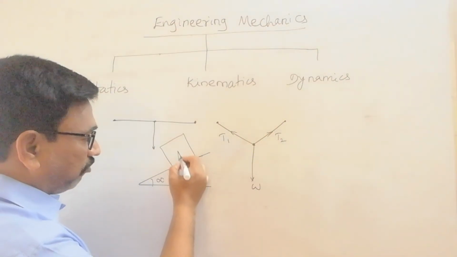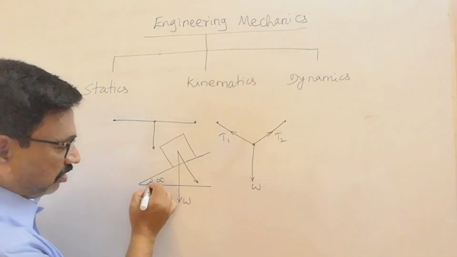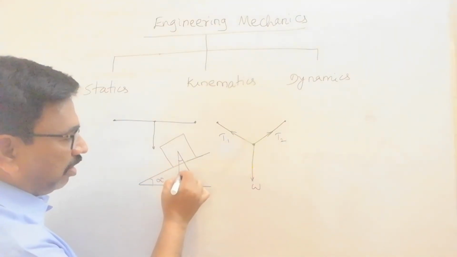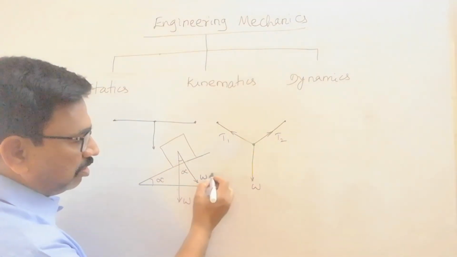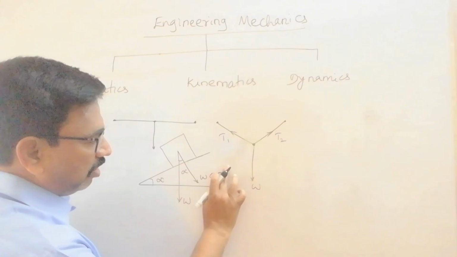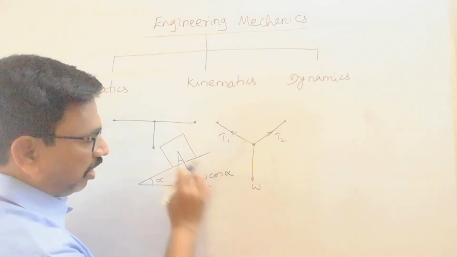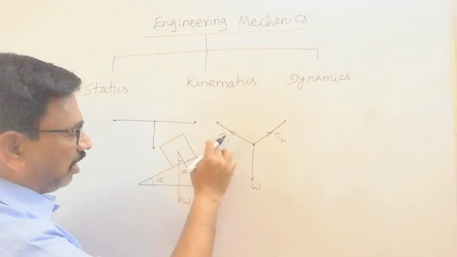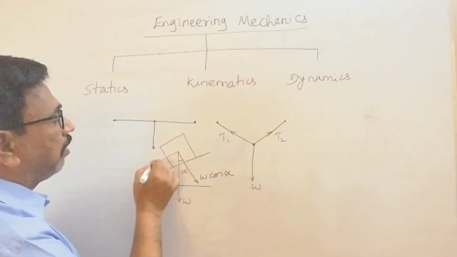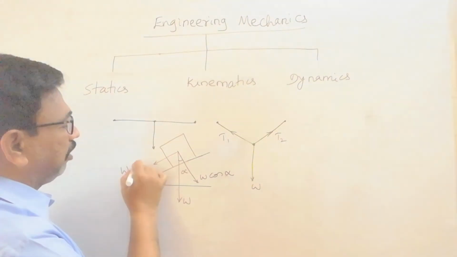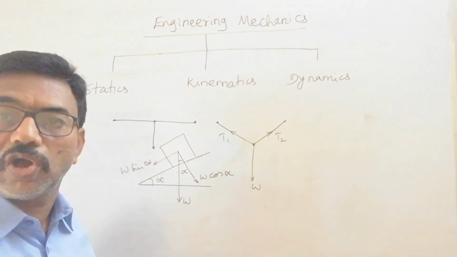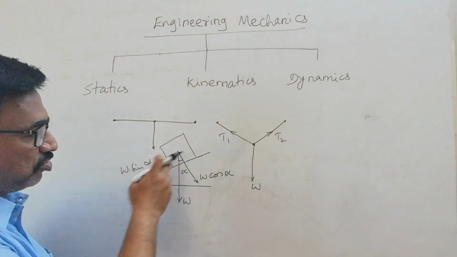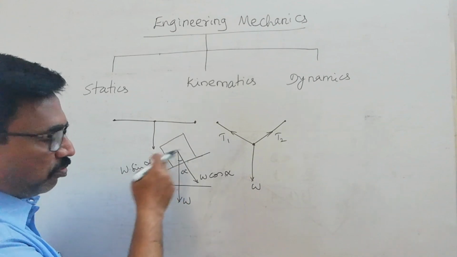Because here the angle is alpha, here also the angle is alpha, so W cos alpha is the component of weight perpendicular to this inclined plane, and W sin alpha is the component of weight which is responsible for downward motion of the body.